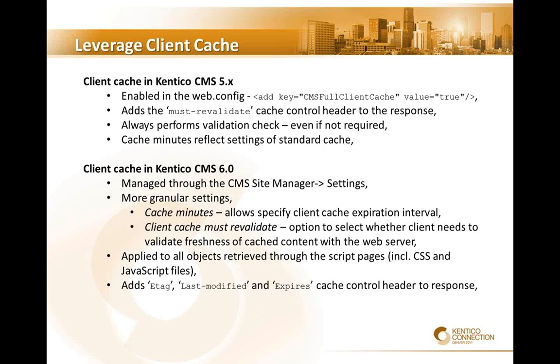With 6.0, there is always an e-tag, last modified, and expires cache control header added to the response. So the client browser gets all the information required to even come up with some heuristic expiration time based on the last modified or e-tag information provided in the response header. So the client cache should be much more efficient in 6.0 than 5.x.